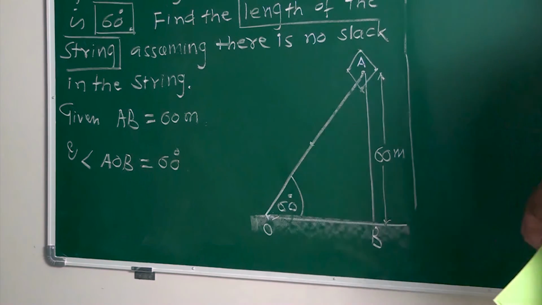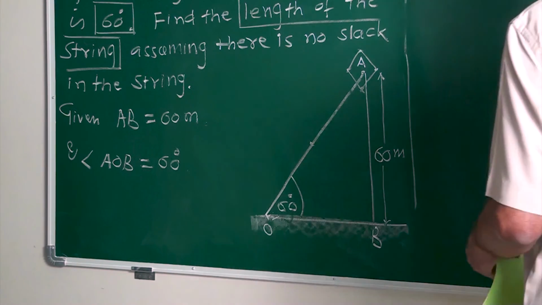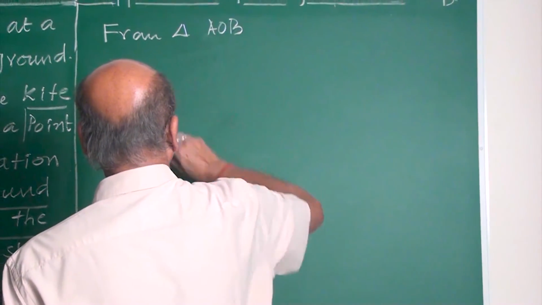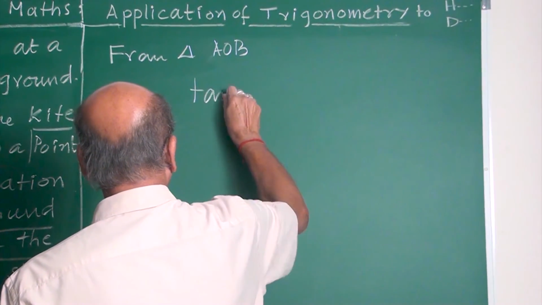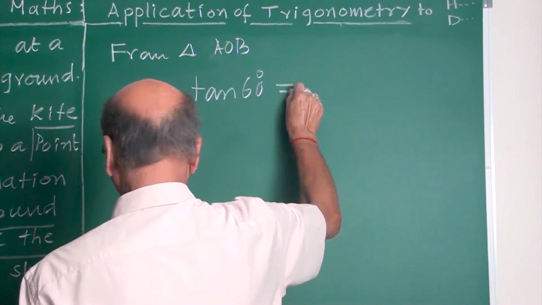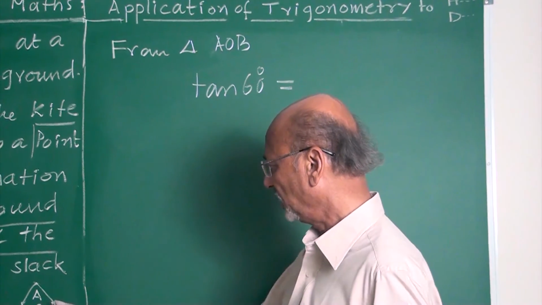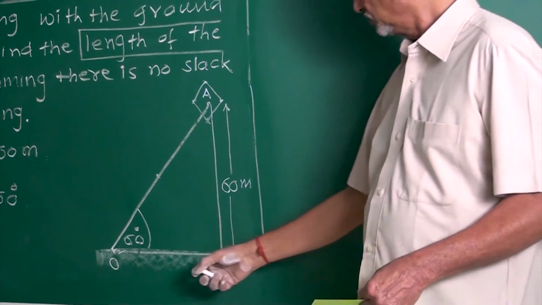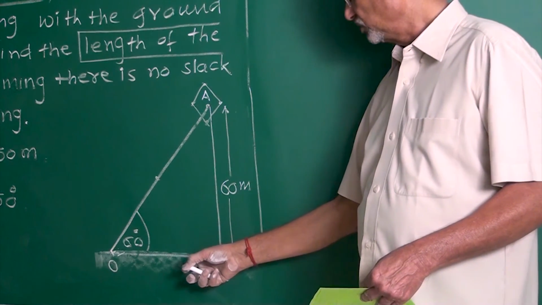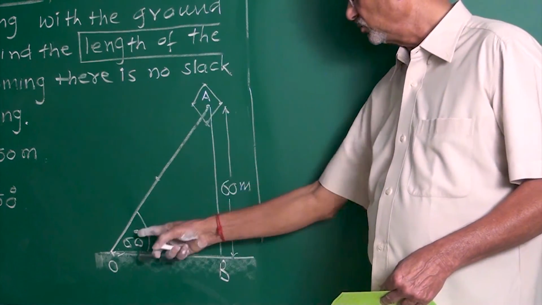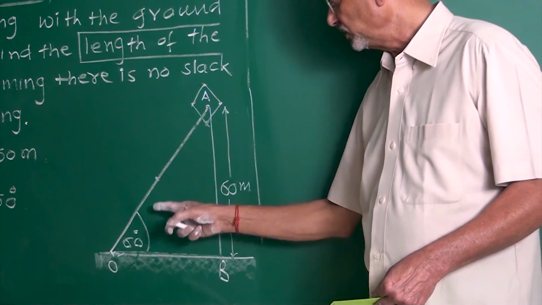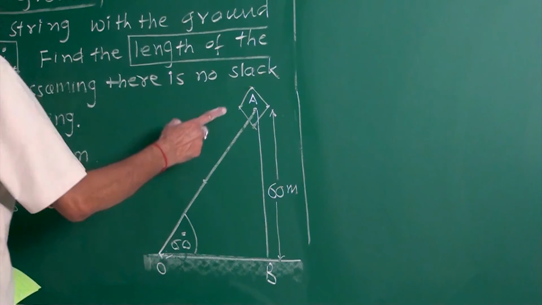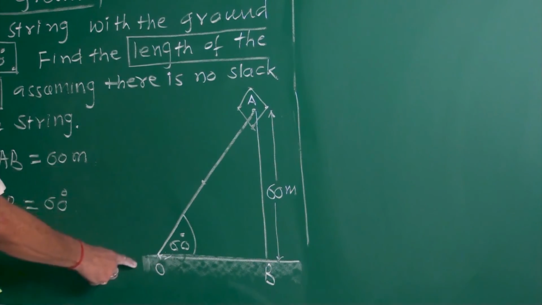Yes, friends. From the triangle AOB, tan 60 is opposite side AB upon adjacent side OB. But we do not know OB. We wanted OA, which is the length of the string, assuming there is no slack.